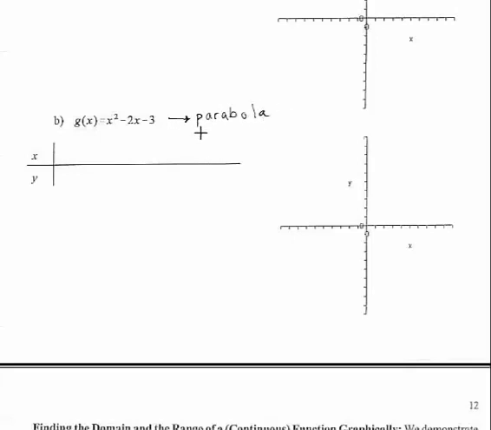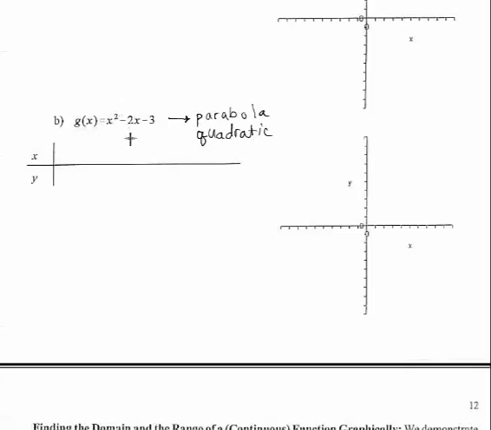You can also refer to this expression as being quadratic. Okay, simply that it's a polynomial and its highest exponent, its degree, I could say, is 2.